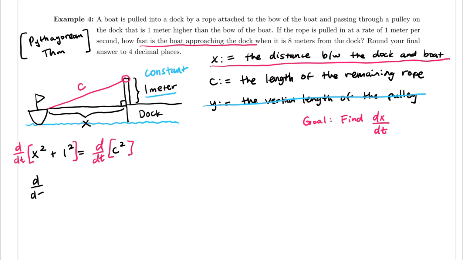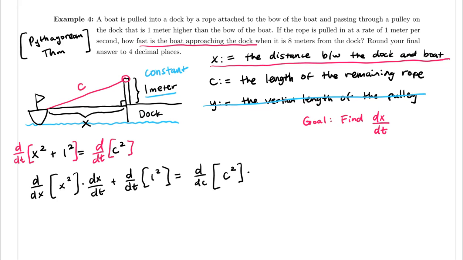So let's use chain rule, times dx/dt. And then if I were to take the derivative with respect to t of 1 squared, that's a constant, so that's going to end up being 0. And then I have the derivative with respect to c of c squared times dc/dt.